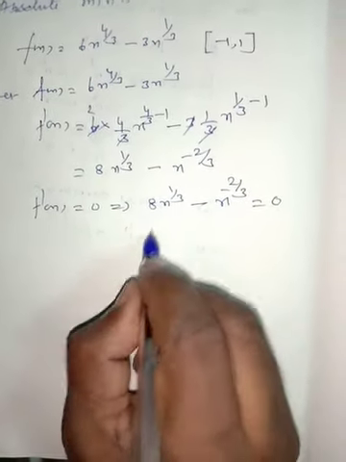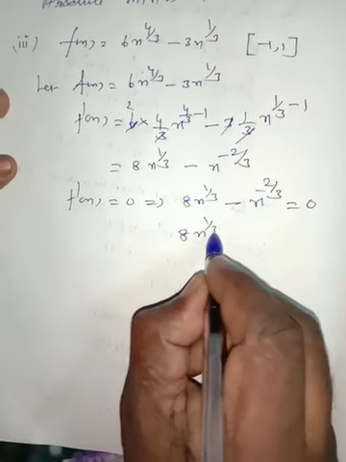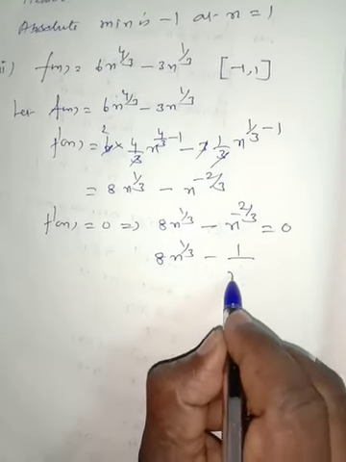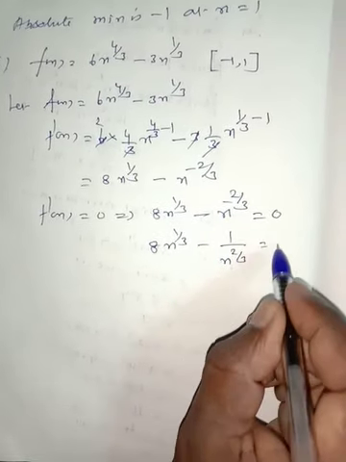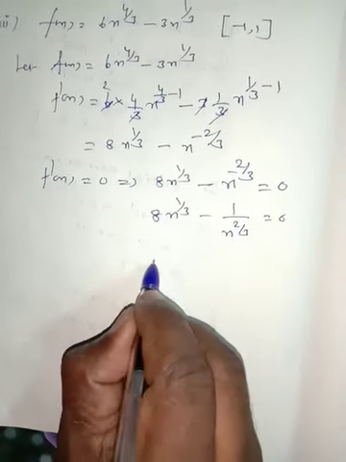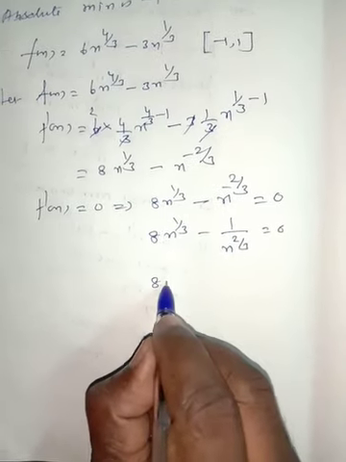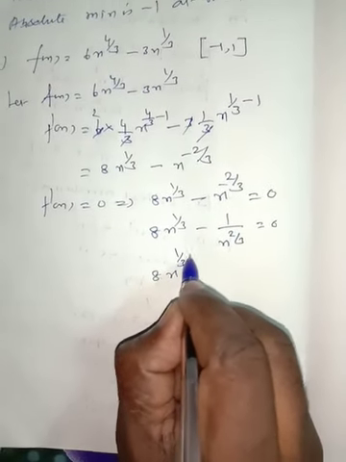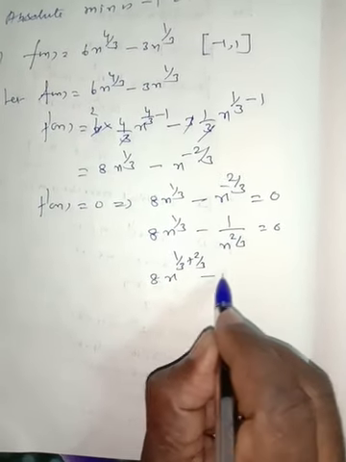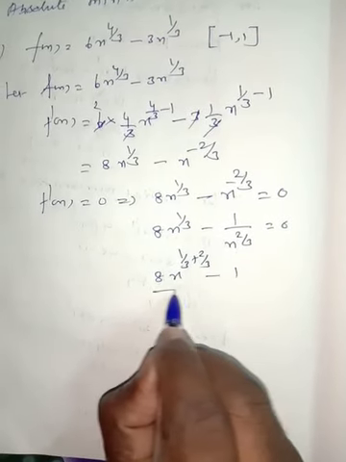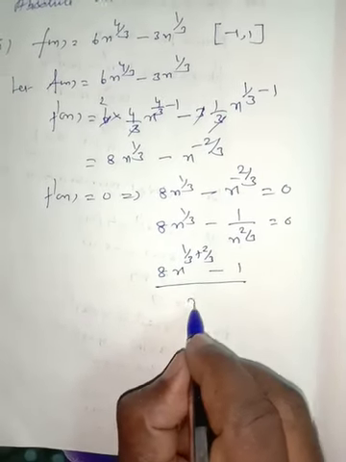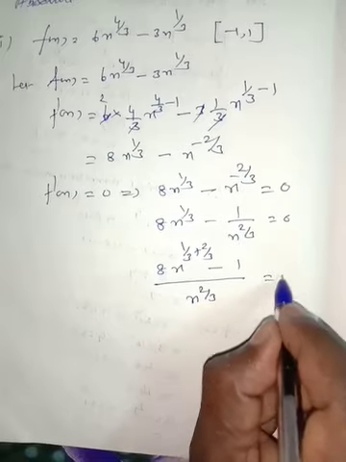This can be written as 8 x power 1 by 3 minus 1 by x power 2 by 3 is equal to 0. Cross multiplying or taking LCM, we get 8 into x power 1 by 3 plus 2 by 3, minus 1 divided by x power 2 by 3 is equal to 0.